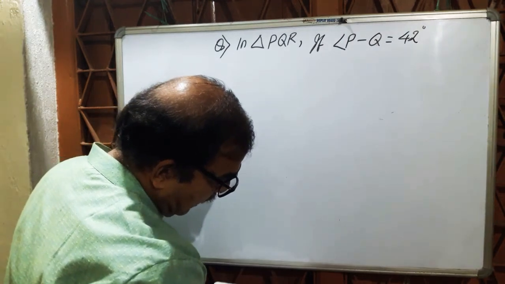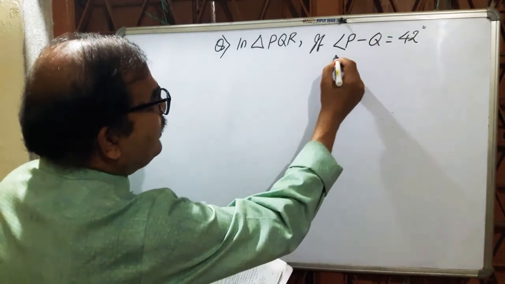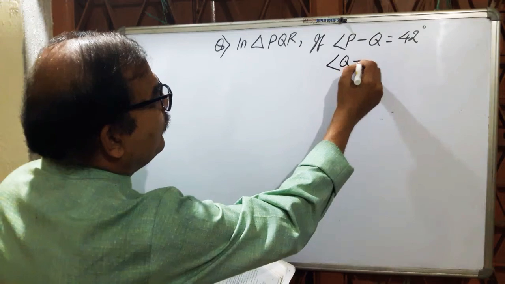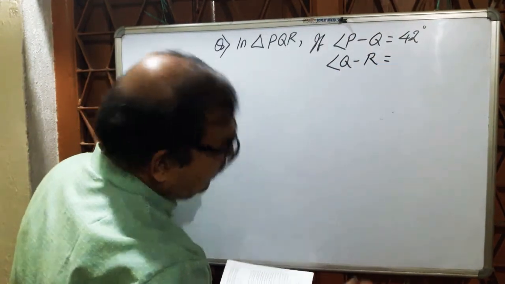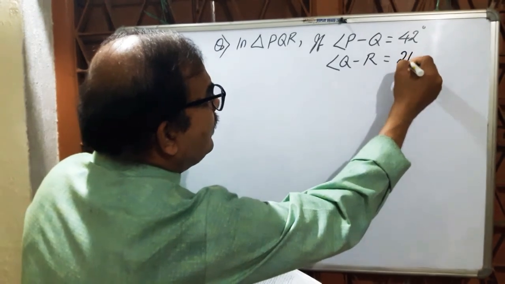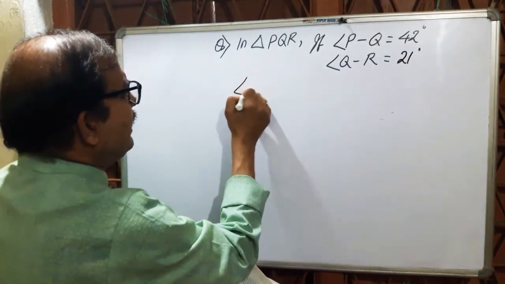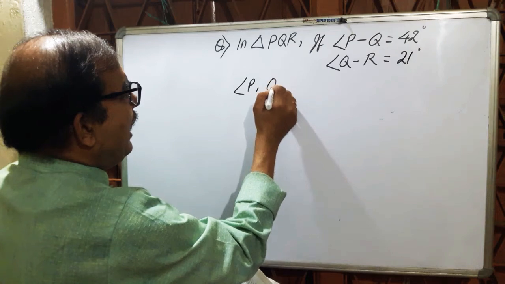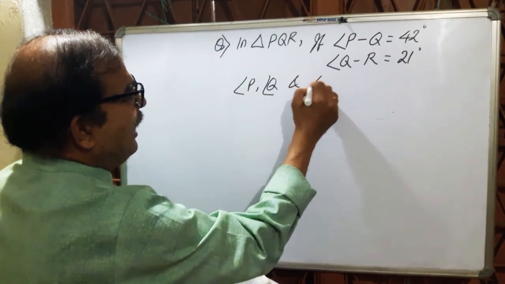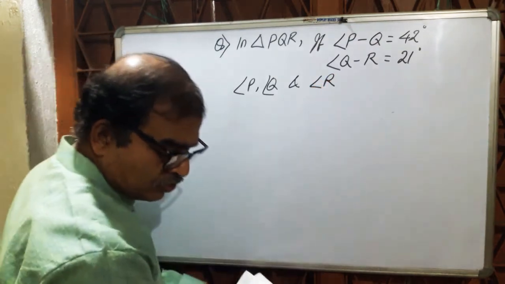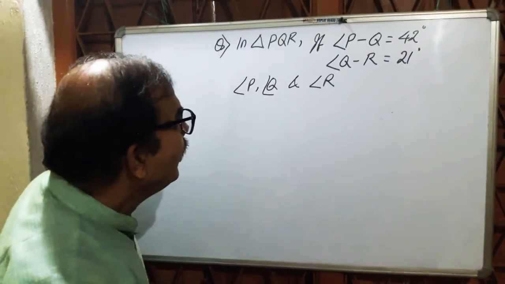and Q minus R equal to 21 degree. Find angle P, angle Q and angle R. So don't misguide yourself.